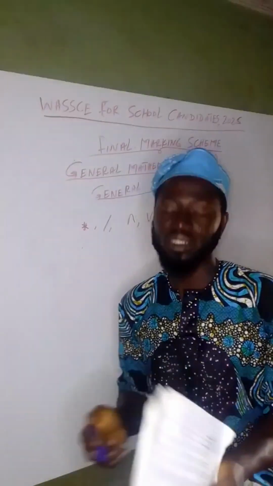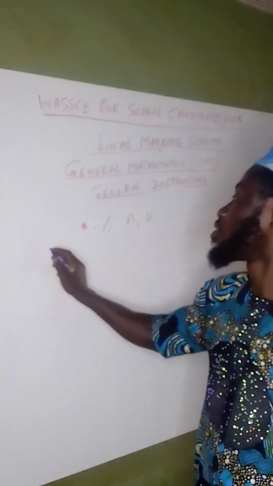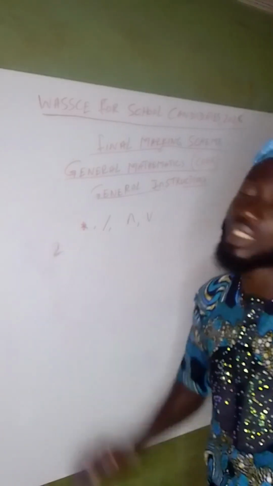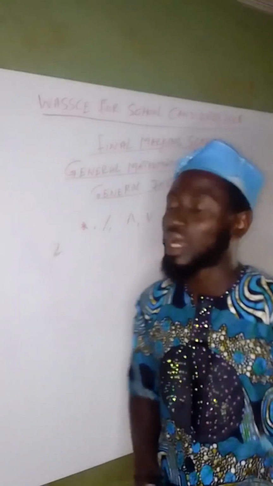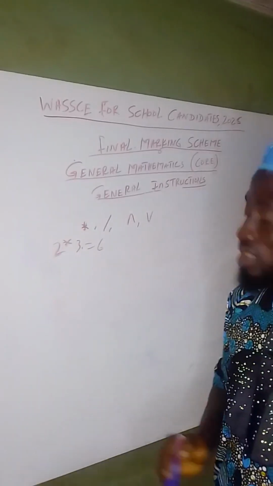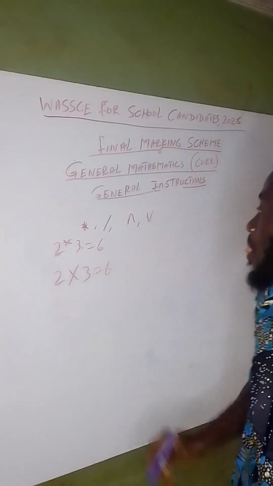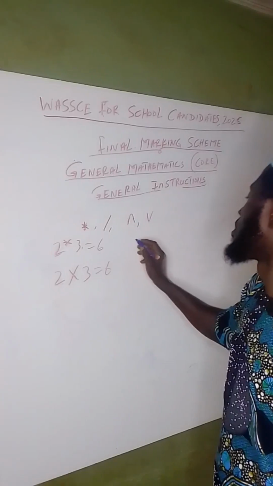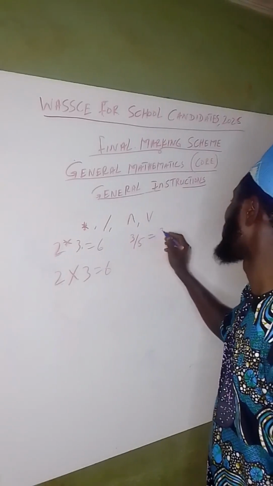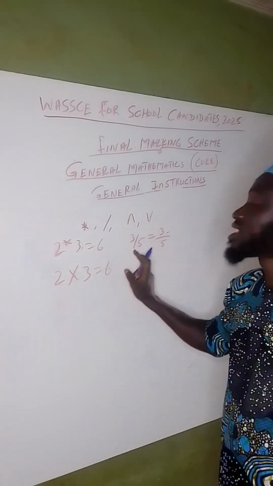Some of you know computers very well and know that asterisk means multiplication, so you decide to prove you know computers and write 2 asterisk 3 equals 6. It's 0. It's not the same thing as 2 times 3 equals 6. Likewise, 3 slash 5 is not the same thing as 3 divided by 5. Some of you make such mistakes.